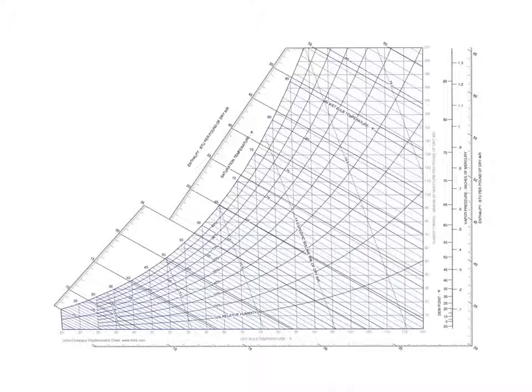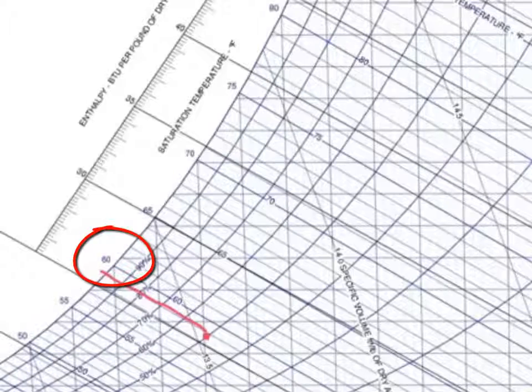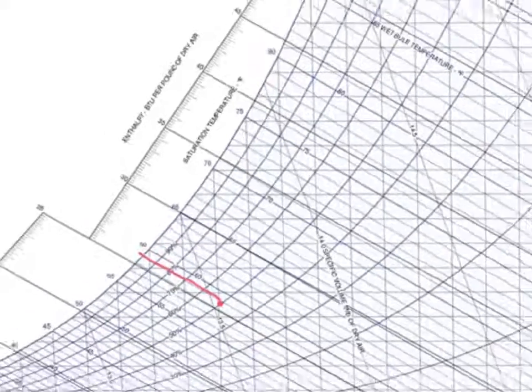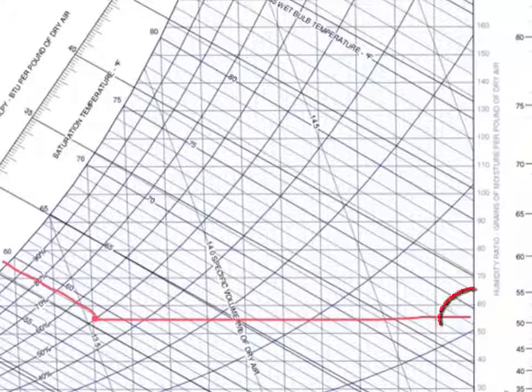Let's say you have a space at sea level that is 70 degrees and 50% relative humidity. Let's find the other properties in that space. So let's put a point on our chart at 70 degrees and 50% humidity. Now going over to the wet bulb temperature scale gives us a wet bulb temperature of about 59 degrees. Drawing a line over to absolute humidity gives us about 56 grains per pound.